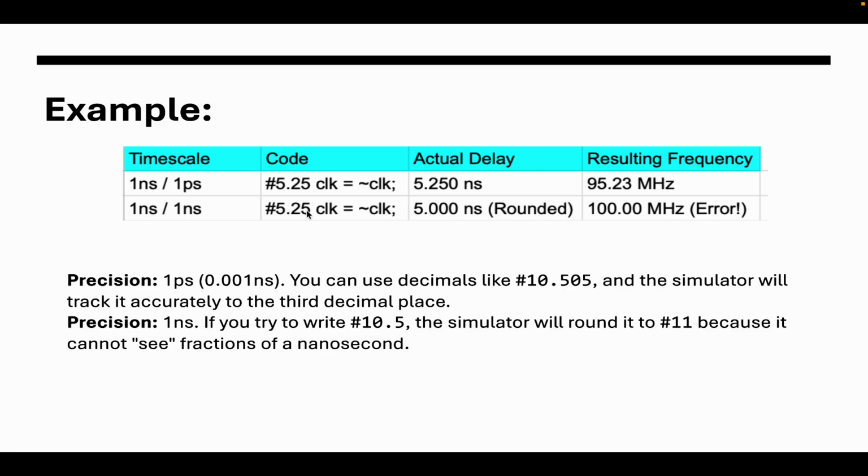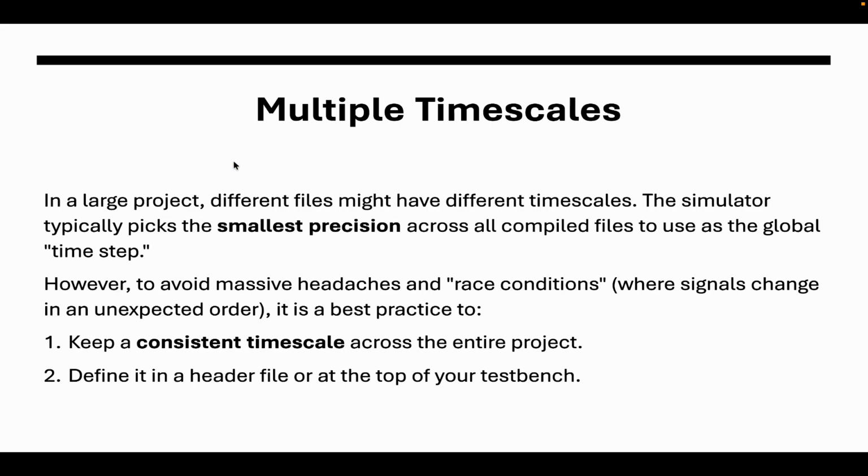If I had 5.5, this would be 6 nanoseconds. If you write 10.5, the simulator will round it to 11. It means if it is 0.5, it will increment to the next value because it cannot see a fraction of a nanosecond. Since your precision is coarse, it will not consider it.